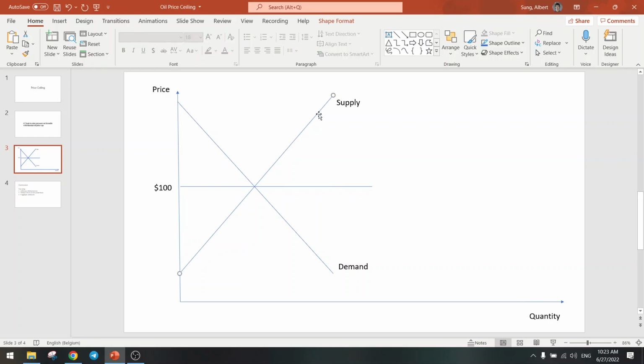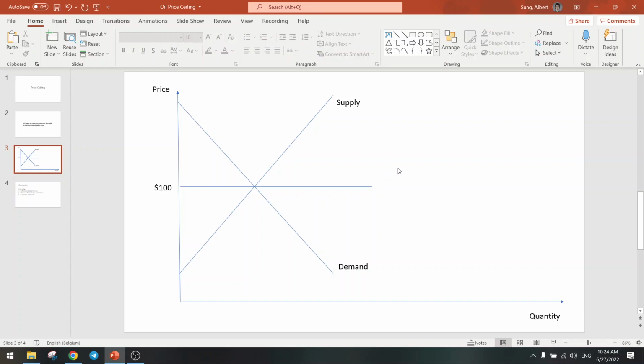For the supply curve, when oil goes up in price, then producers can produce more oil, because the higher the oil price, the higher the production. Okay? And there is one equilibrium price, that's this point here, and that's currently at $100 per barrel.